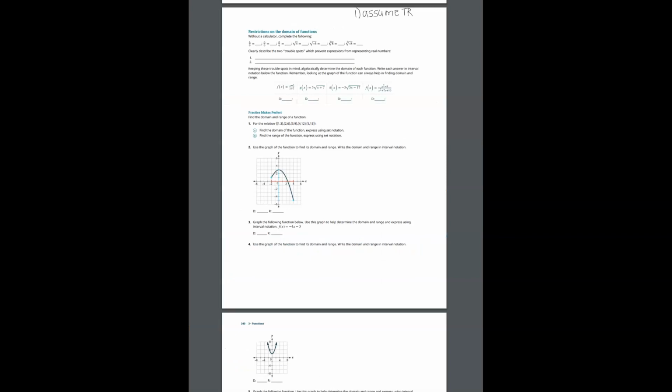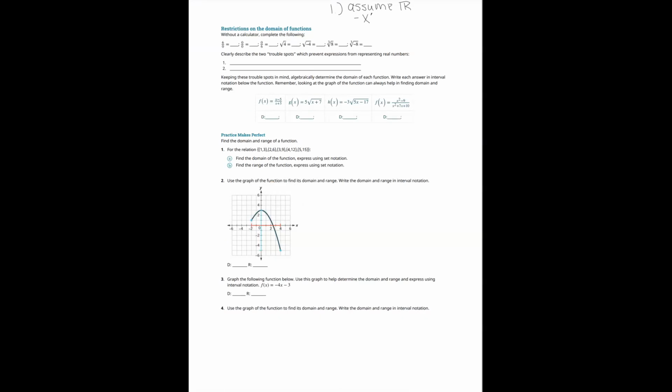Okay, first thing we assume all real numbers, and then we have to look for x's. I'm going to make this bigger again. Not as big as it was, though. Okay, try again. X's in the denominator.